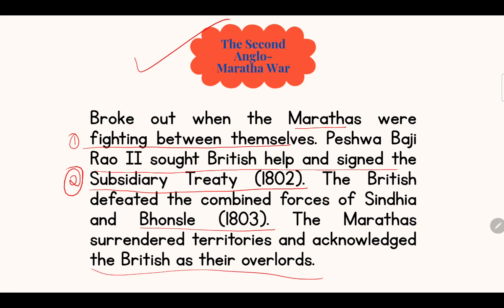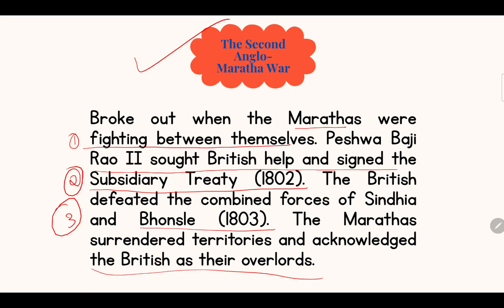So in the Second Anglo-Maratha War, there are 3 points. First, the Marathas were busy fighting among themselves, and Peshwa Bajirao II got help from the British and signed the subsidiary treaty in 1802.